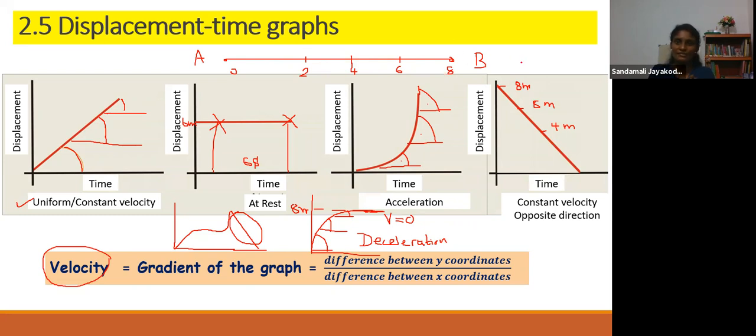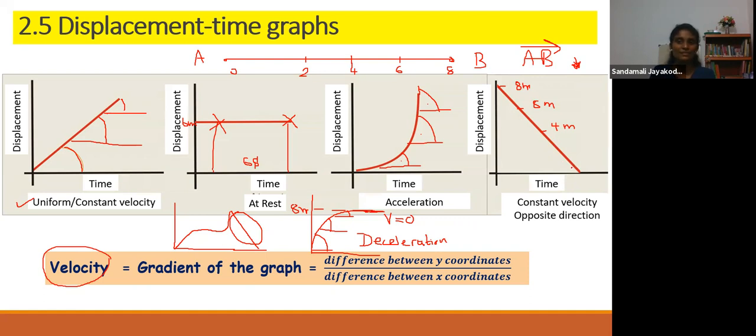If we consider this direction as AB, here the displacement in this direction is decreasing. It means it is moving back. It is not in the AB direction, it is moving in the BA direction.